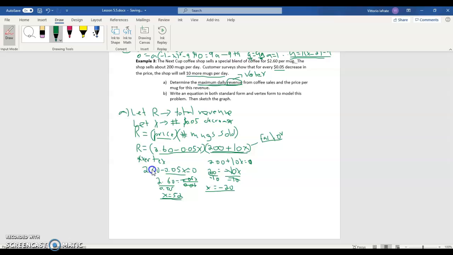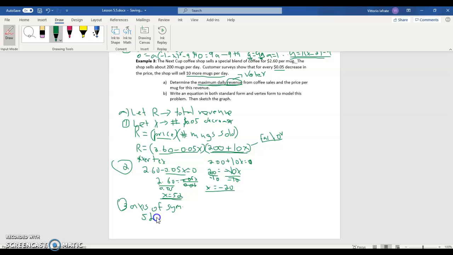Now, we need to find the axis of symmetry because that's the x value of our vertex. So here our first step was writing an equation out. Our second step was really finding our zeros. Our third step is going to be find the axis of symmetry, by just adding the zeros up and dividing by 2.